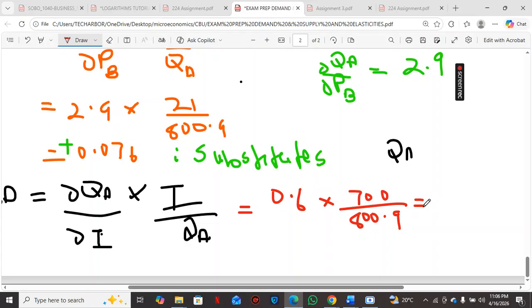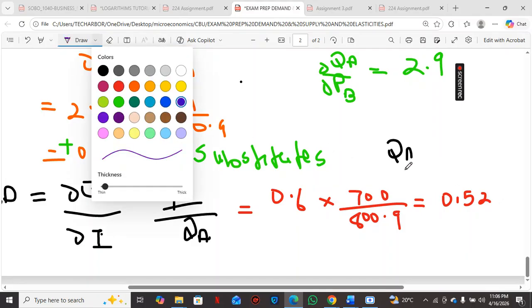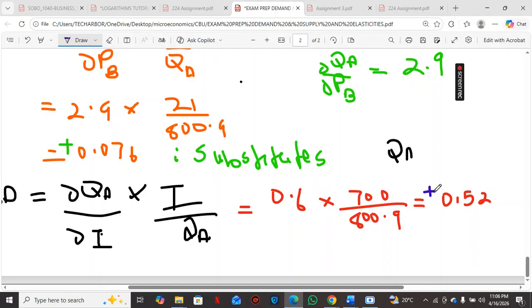Okay, so when you divide 700 by 800.9, you get 0.874. 0.874 multiplied by 0.6 gets 0.52. So since it is a positive number, the good is a normal good.